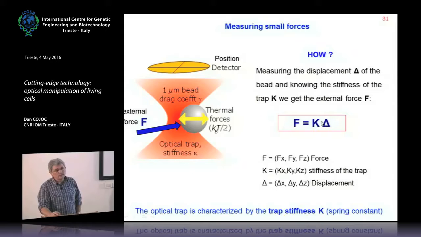But assuming we do this, if we apply an external force on the bead in the trap, from tracking the displacement of the bead in the trap we can measure the force. Because we have the spring constant, we measure the displacement, so we get the force.